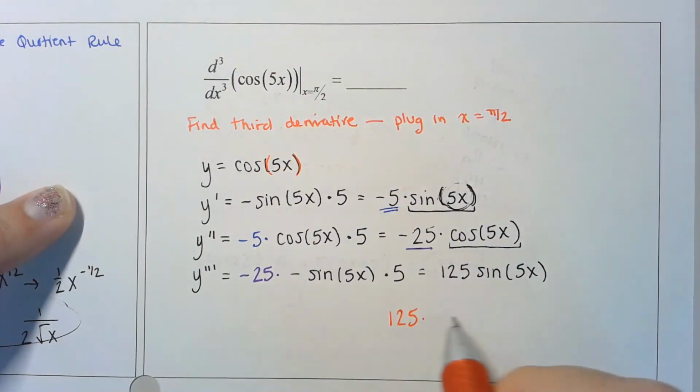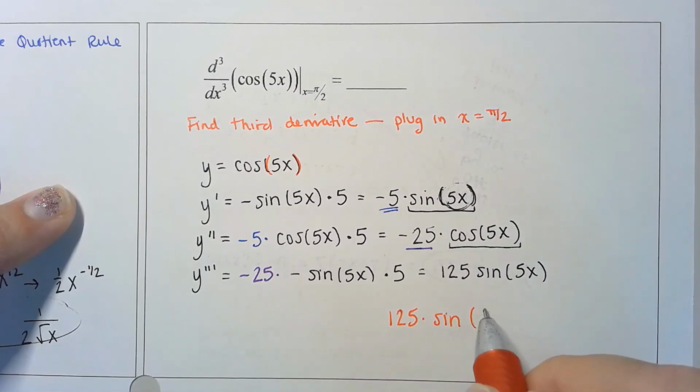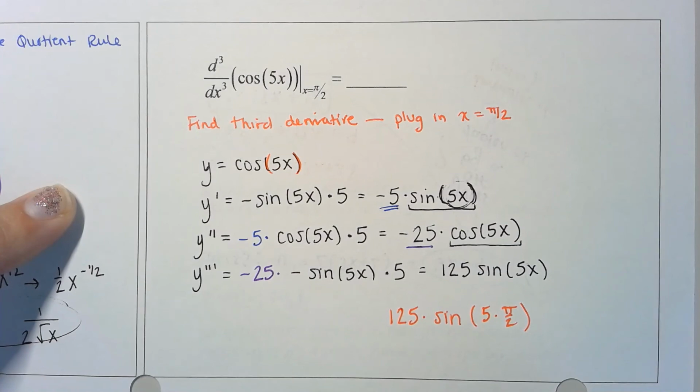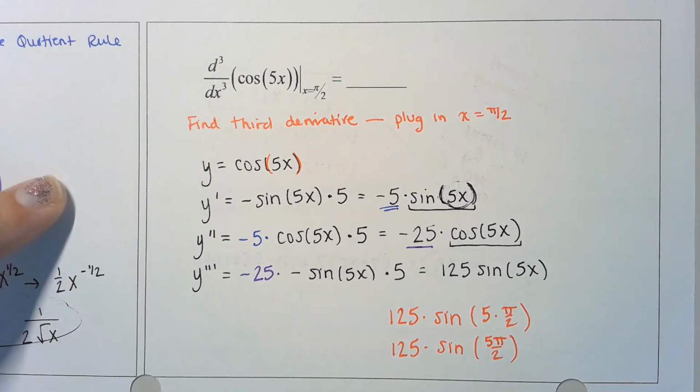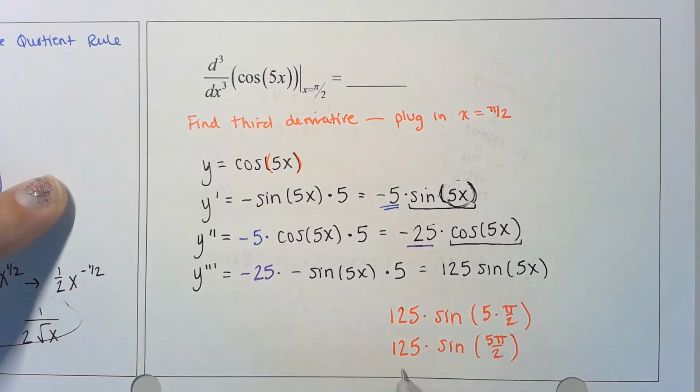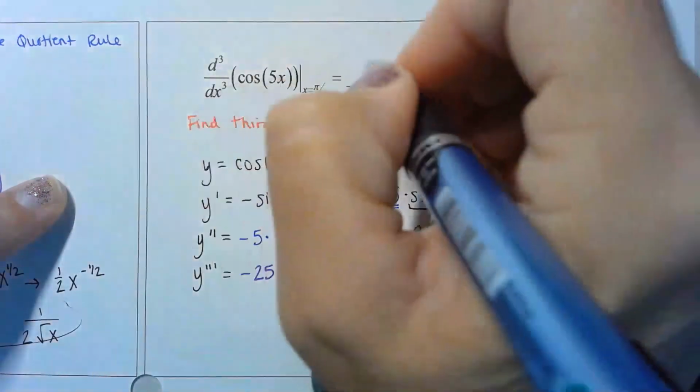So I have 125 times the sine of 5 times pi halves, or the sine of 5 pi over 2. Well, 5 pi over 2 is really the same as regular pi over 2. So I have 125 times 1, which is 125.